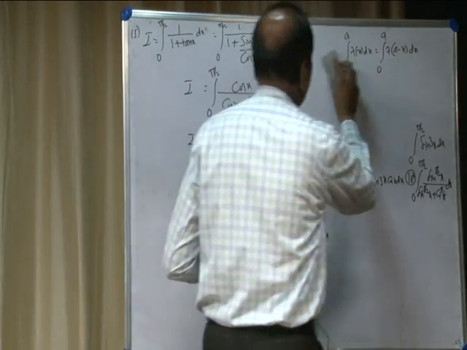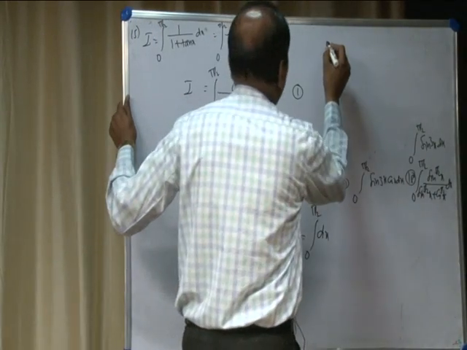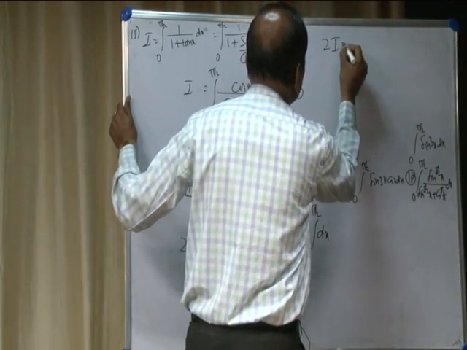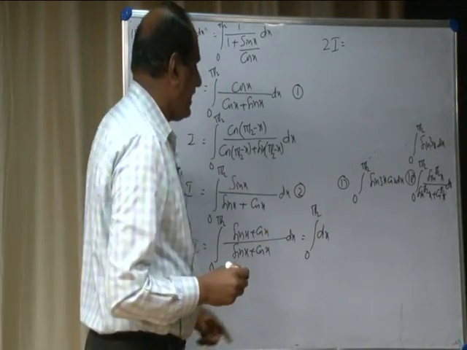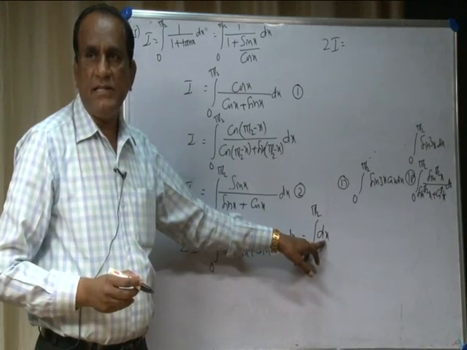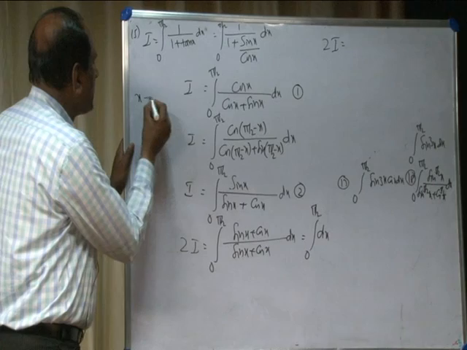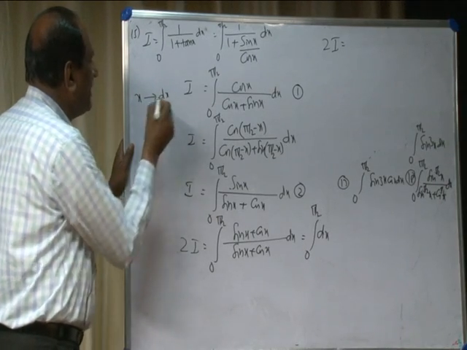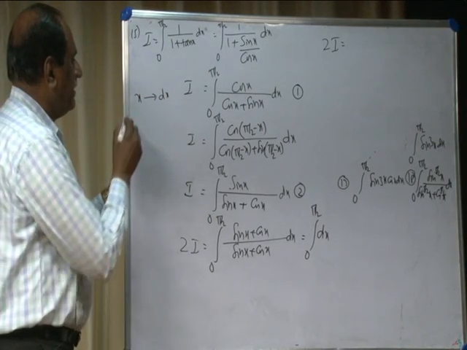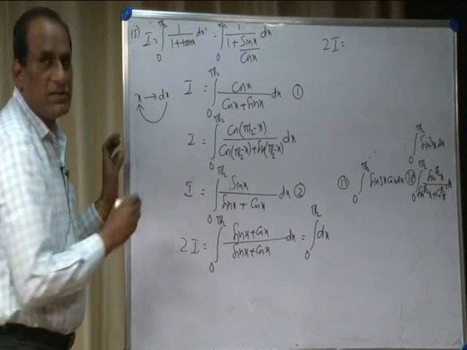Now, how to simplify this? Now, 2I is equal to the integration of 1 with respect to x, that is the variable of integration. See here, if you differentiate x with respect to x, you will get dx. Integration of dx is x, this is the reverse process.